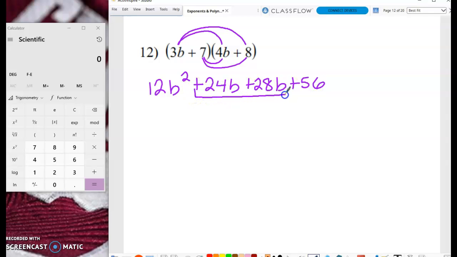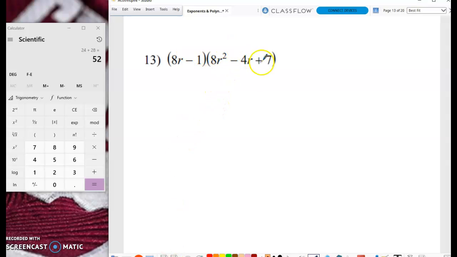I'm going to combine these two like terms like I did last time. I'll use my calculator because I don't have 24 plus 28 memorized off the top of my head, so 24 plus 28 is 52. So we're going to get 12b squared plus 52b plus 56.